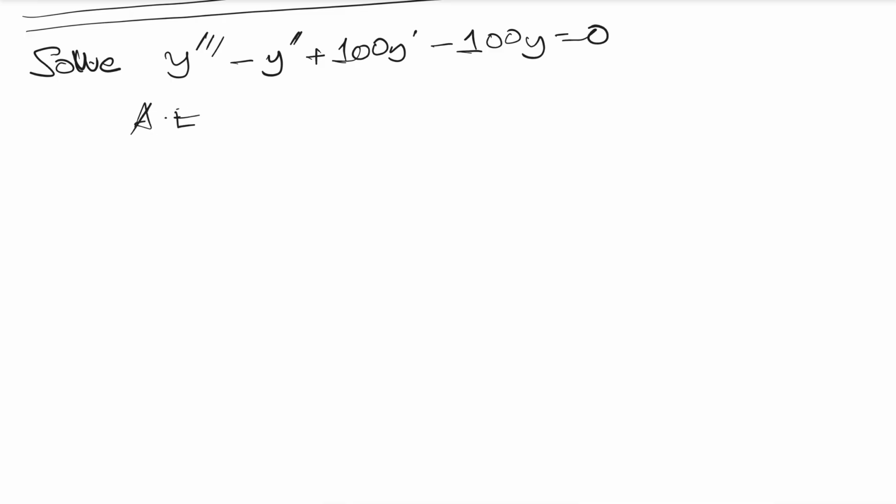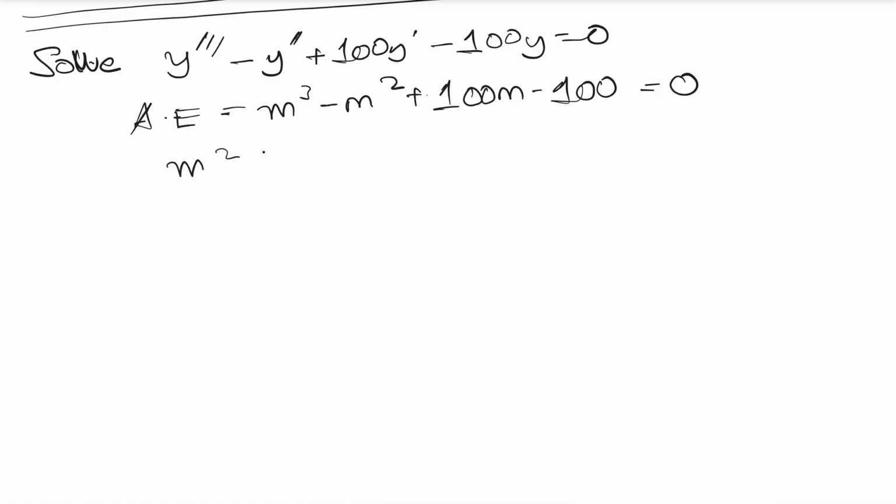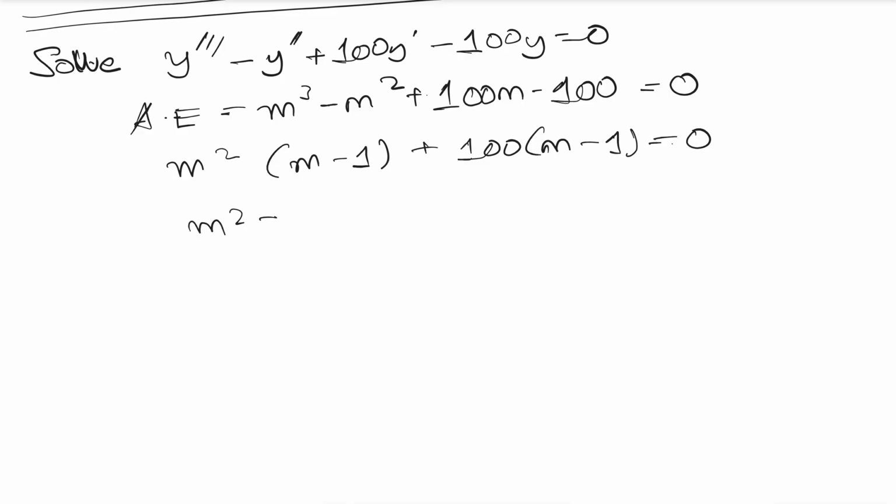So the auxiliary equation will be m cubed minus m square plus 100m minus 100 is equal to 0. That is, m square (m minus 1) plus 100 (m minus 1) is equal to 0. That is, m square plus 100 is equal to 0, or m minus 1 is equal to 0.